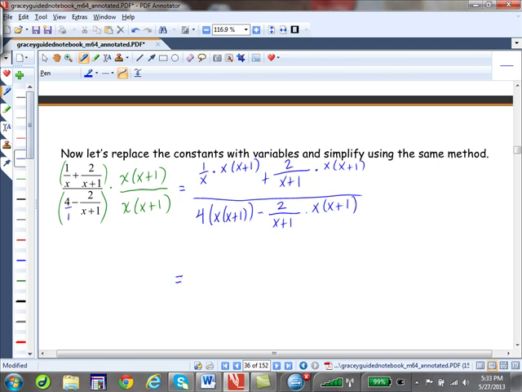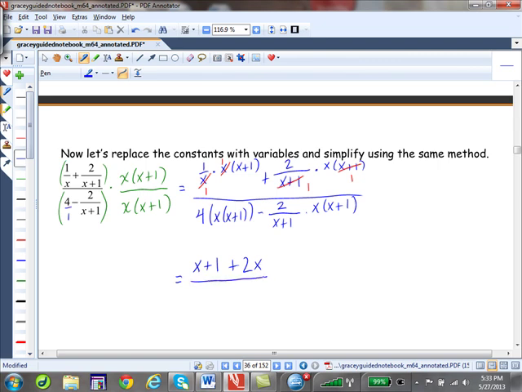So here we go. Notice that on this one, the x's divide out. Okay, so we'll end up with 1 times x plus 1 is just x plus 1. Now on this guy, do you see the x plus 1's divide out? So we'll end up with plus 2 x's.